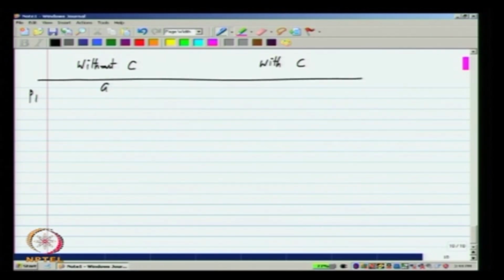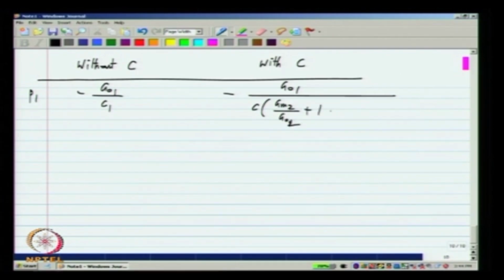So, without C I have minus G01 by C1, and with C I have minus G01 by C, Gm2 by Go2 plus 1 plus Go1 by Go2, plus C1 plus Cl times Go1 by Go2.